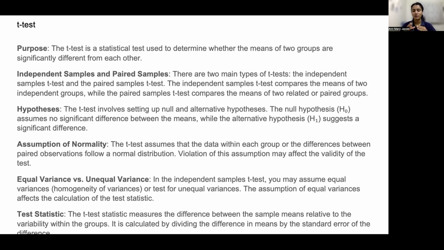Now, independent sample t-test is when, let's give you an example first. Say you want to study compassion fatigue, or the levels of compassion fatigue, between nurses and, say, teachers. And you want to see whether it is statistically significant or not.